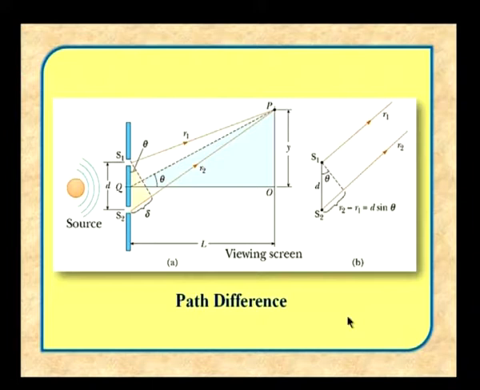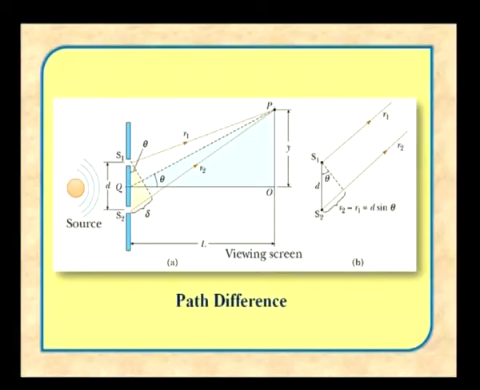On the other hand, if the path difference is lambda by 2 or 3 lambda by 2, lambda by 2 means half wave, 3 lambda by 2 means 1.5 waves, 5 lambda by 2 means 2.5 waves. If that is the case, the crest and trough will meet leading to destructive interference at a point P.